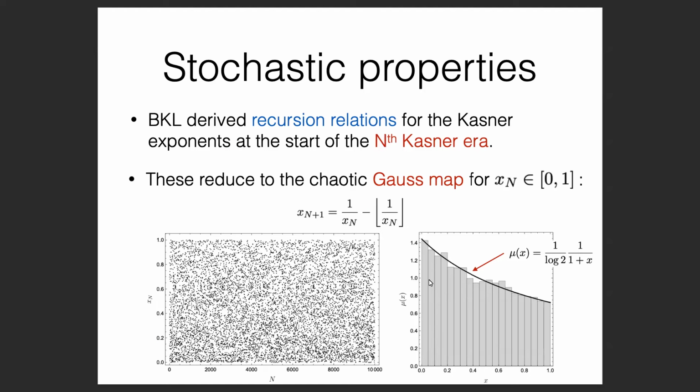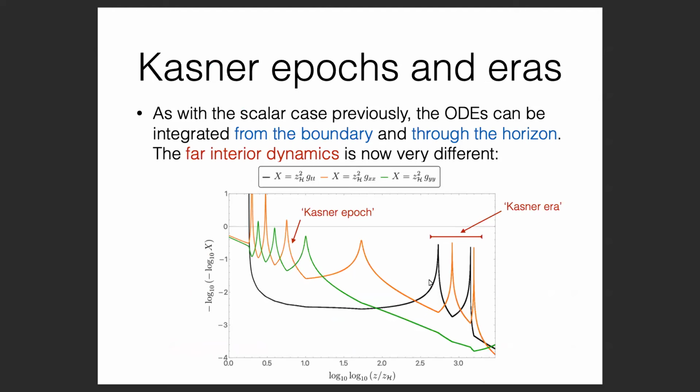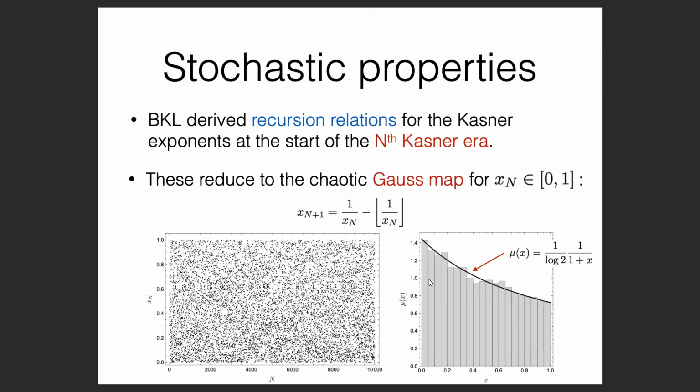You take the first value of an epoch, so these three Kasner exponents would be the start of this epoch. There's a recursion relation that gives you the Kasner exponents here in terms of the Kasner exponents there, by solving each epoch. They got a recurrence relation. Maybe I won't go through the details of that. It all boils down to a formula for p of n, the Kasner exponents of the nth epoch, in terms of a certain quantity x_n.